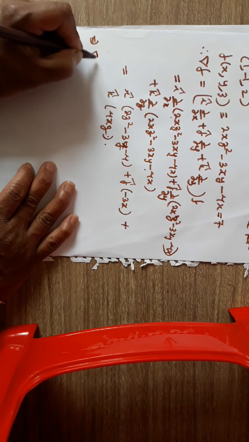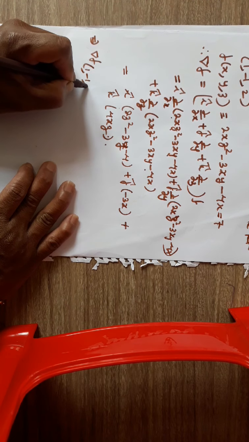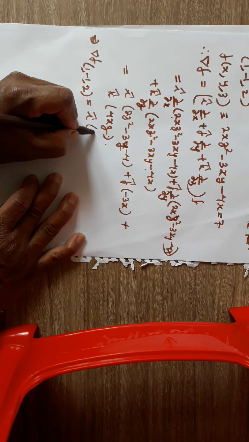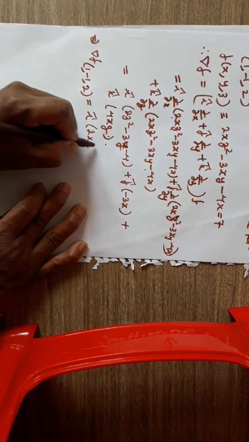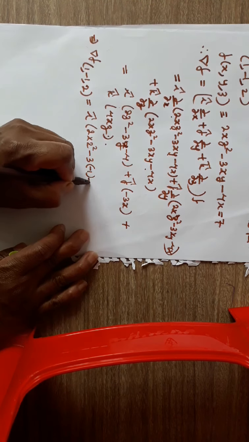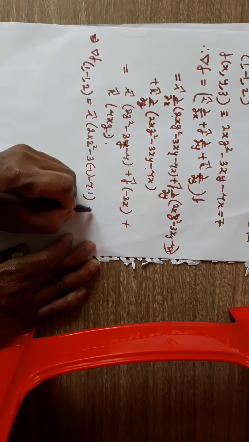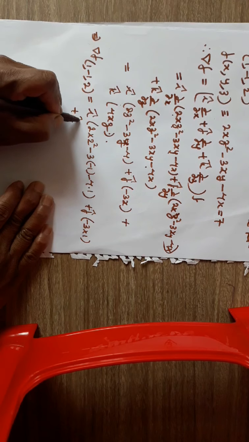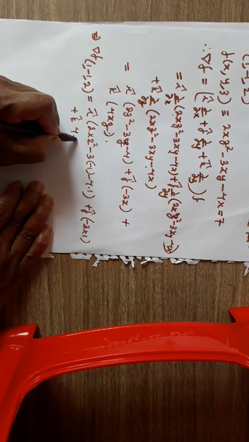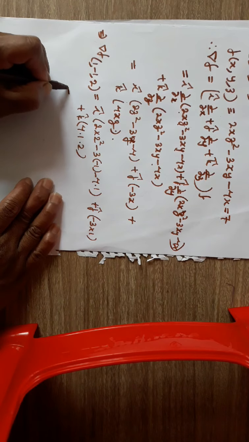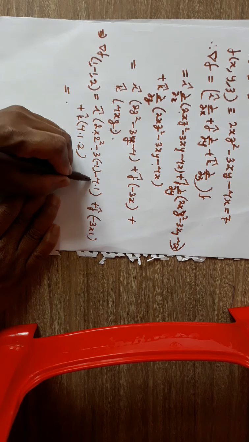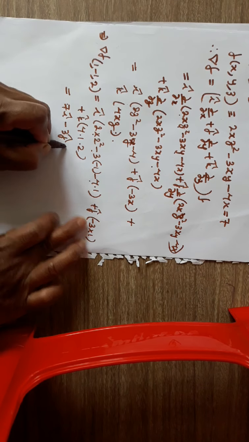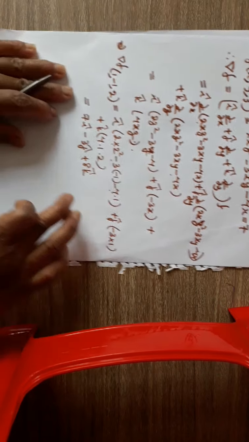This implies that del f at the point (1, −1, 2) is i cap into (2 into 2² − 3 into −1 − 4 into 1), plus j into (−3 into 1), plus k cap into (4 into 1 into 2). This is nothing but 8 plus 3 minus 4, which gives 7i, then minus 3j, plus 8k. So this is the gradient of f.